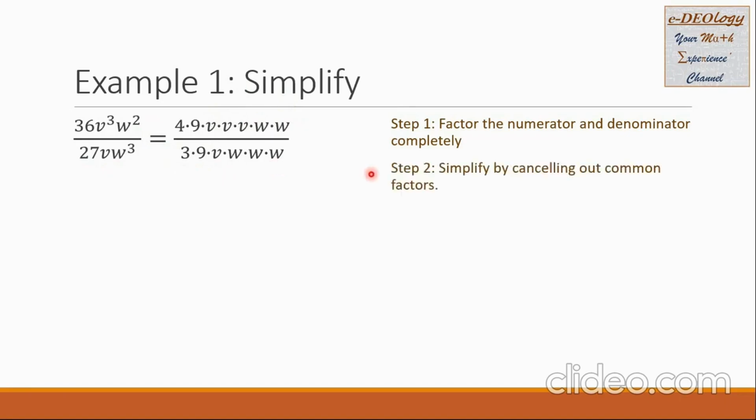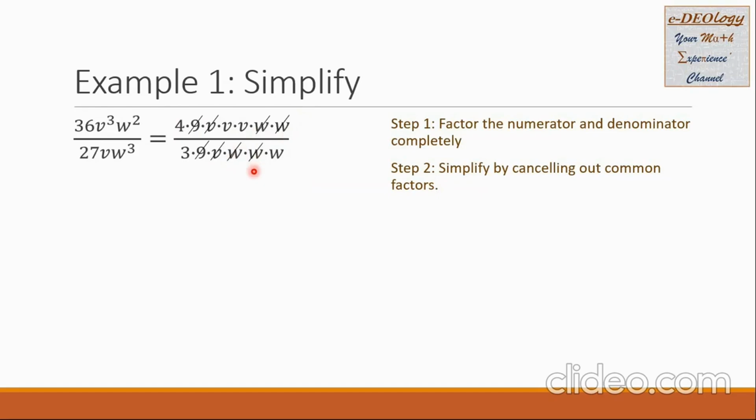In step 2, we will simplify by cancelling out common factors. Look at the 9. It is common to the numerator and denominator, so we cancel the 9. The V is common to the numerator and denominator, so we cancel it out. There are 2 W's in the numerator, 3 W's in the denominator. We cancel the 2 W's in the numerator and the 2 W's in the denominator respectively.